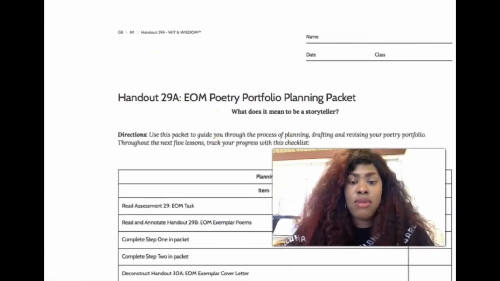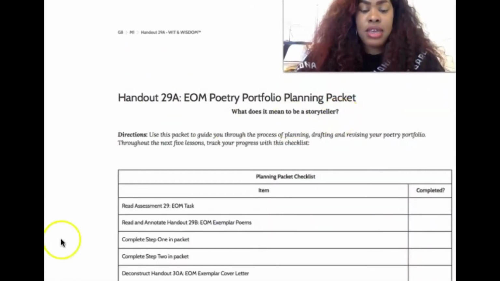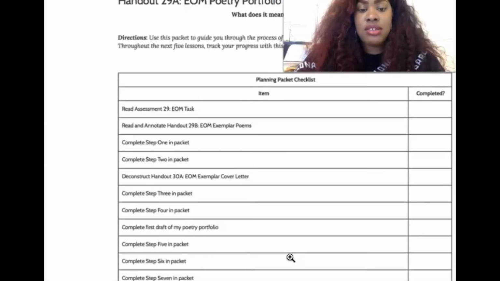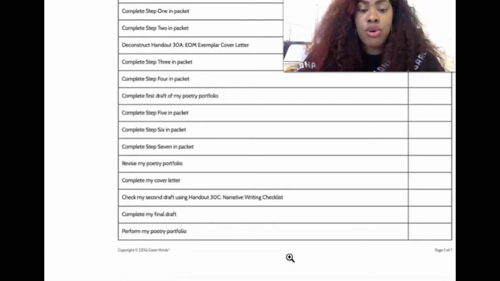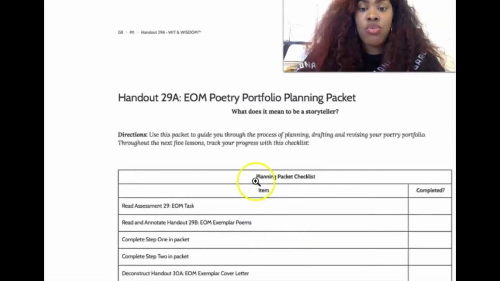It says, use this packet to guide you through the process of planning, drafting, and revising your poetry portfolio. Throughout the next 5 lessons, track your progress with this checklist. You guys are going to be using it to make sure you have everything you need inside of your poetry packet in order to complete your end of module task.